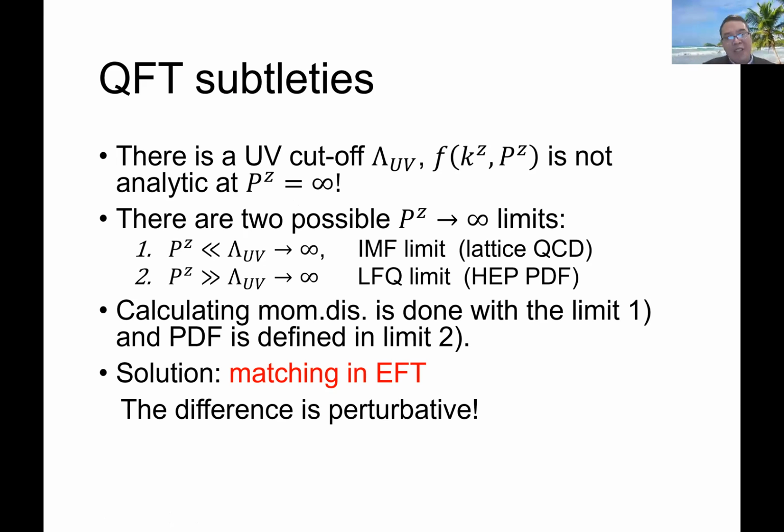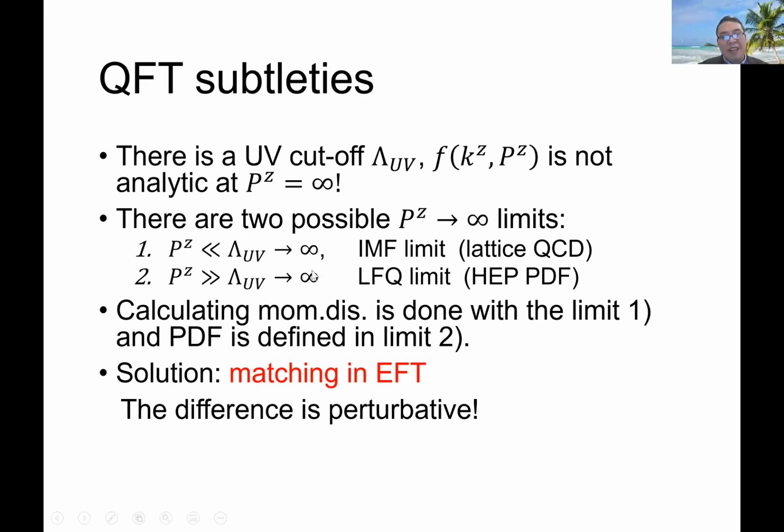So log PZ certainly is not expandable at PZ equal to infinity. I'm going to skip some of the technical details in the interest of time, already speaking 35 minutes. So basically, in field theory, this limit is much more subtle.